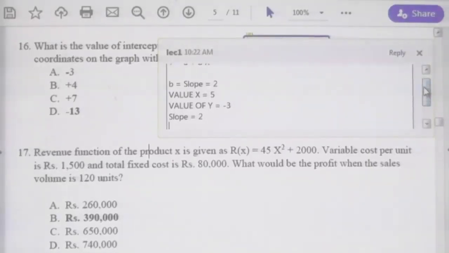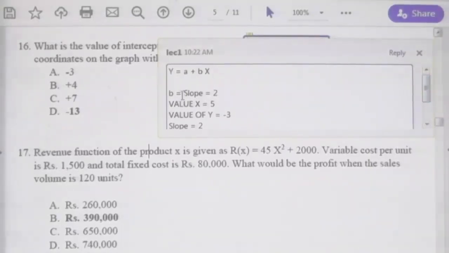Look here, b is the slope, that is given as 2. The x value is 5. Then 2 multiplied by 5 will be 10.